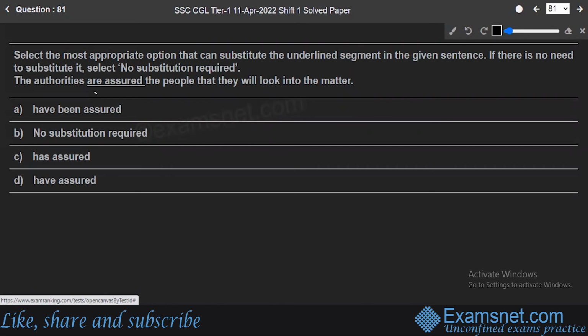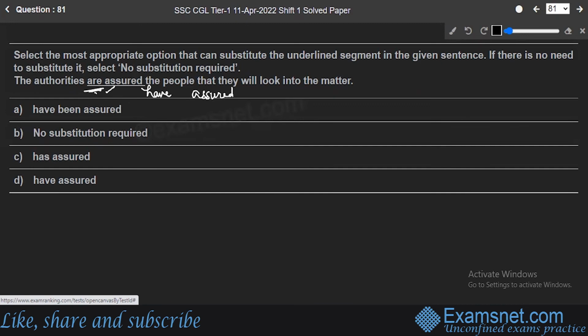Here it should be have assured instead of are assured. The authorities have assured the people that they will look into the matter. So this sentence is in the active voice, hence the use of are assured is completely out of context.